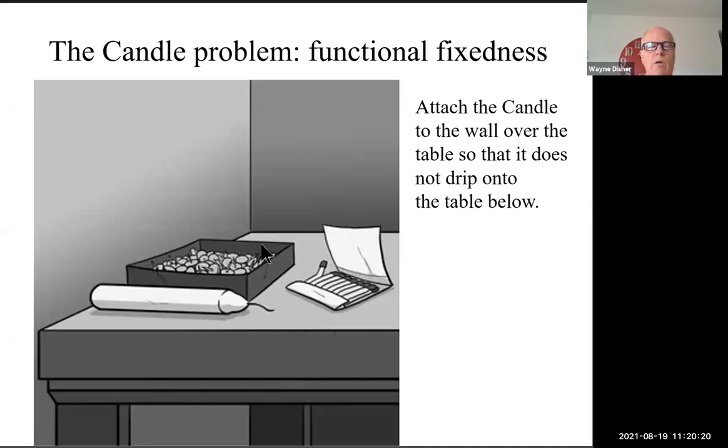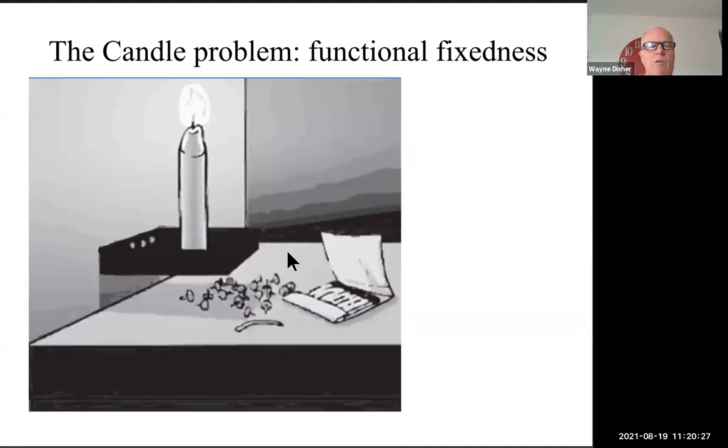You get trapped into seeing this box as only a box for the tacks. But if you dump all the tacks out on the table, you could tack that box up to the wall and put the candle in there, and that would prevent the wax from dropping down. So functional fixedness is that perception that we see.